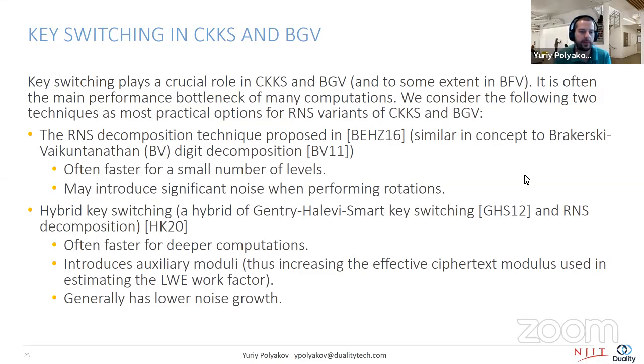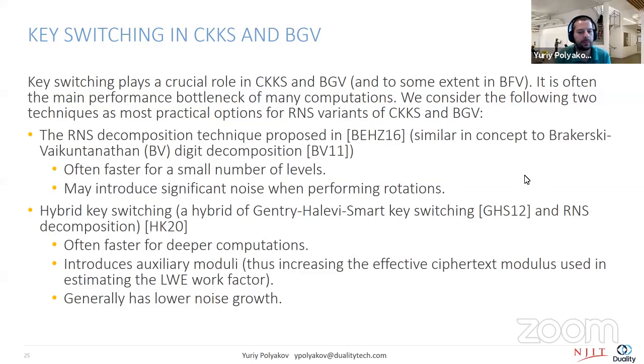When the number of levels is relatively small, the so-called BV, digit decomposition, but the RNS version of it, is the fastest. The only gotcha there is that it may introduce some significant noise when doing rotations. There is a workaround for that too, but that's the only consideration.